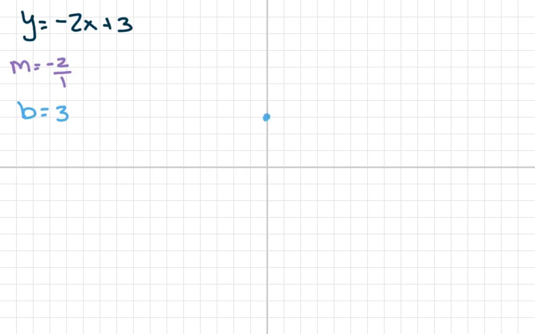I need to graph that y-intercept first, so at a positive 3, and then I'm going to move down 2 over 1, down 2 over 1. I'm going to do that all the way across the graph. Okay, and then we can go in the exact opposite direction, which would be up 2 and to the left.